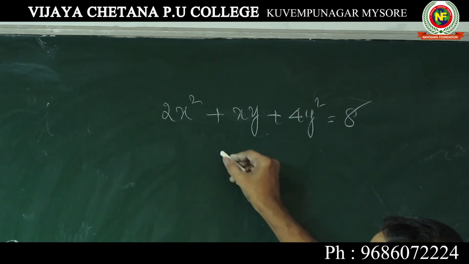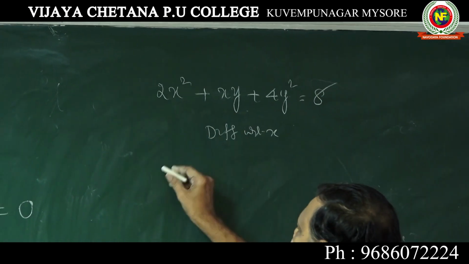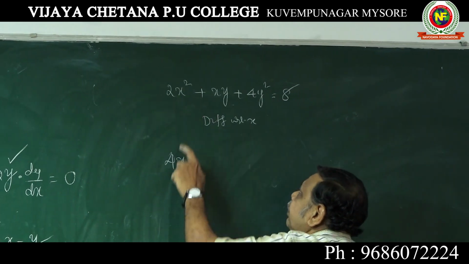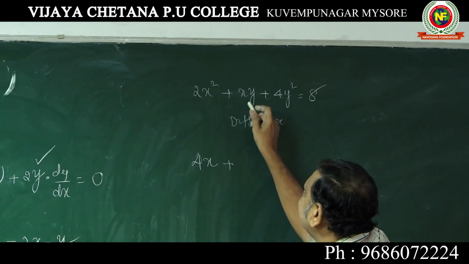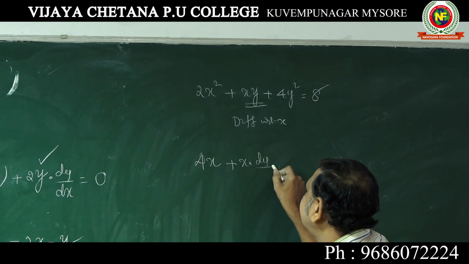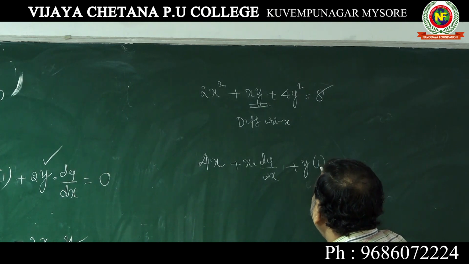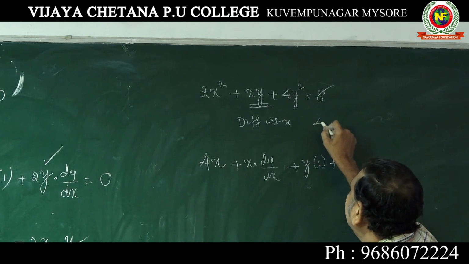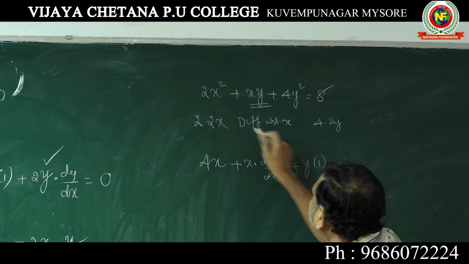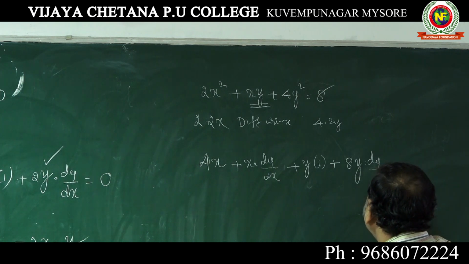Same thing, implicit function, differentiate with respect to x. 2x square gives 4x, because 2 into 2x is 4x. Again product rule you have to apply here: x into dy by dx, same thing there, plus y into 1, plus here it is 4 into 2y, that is 8y dy by dx, equal to 0 on the right side.